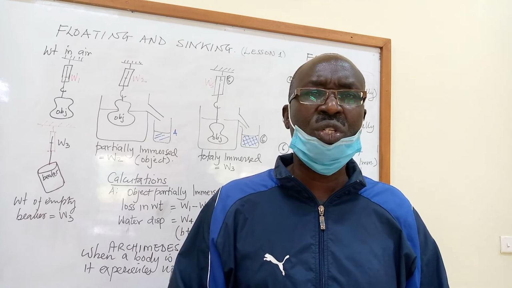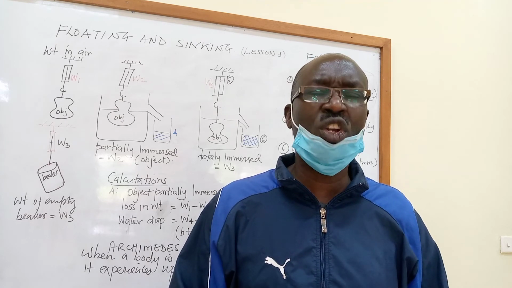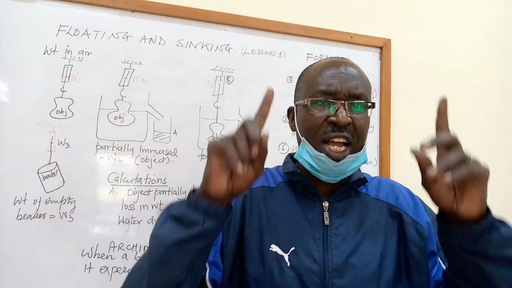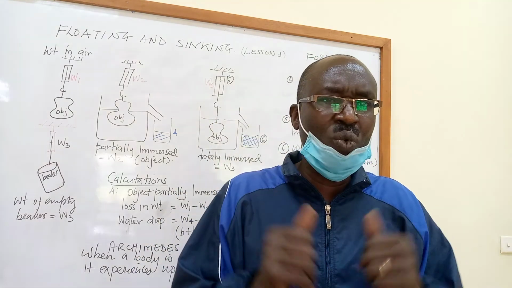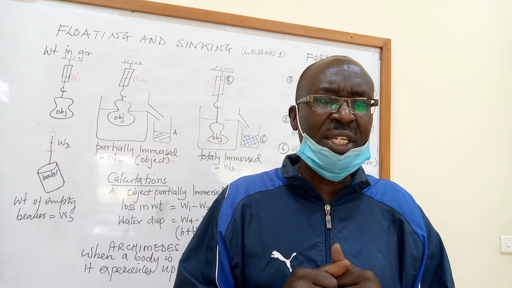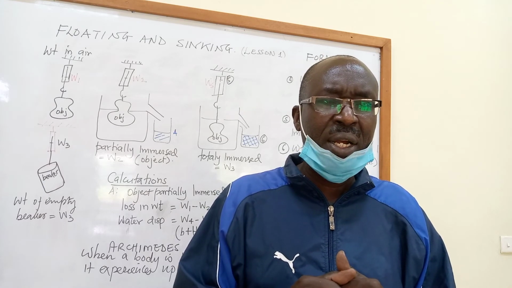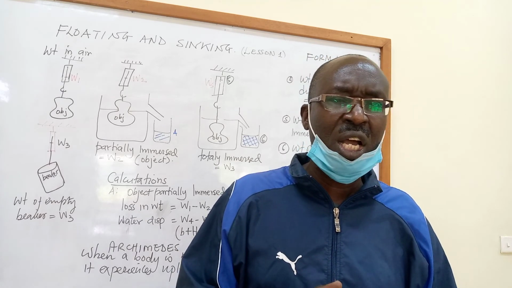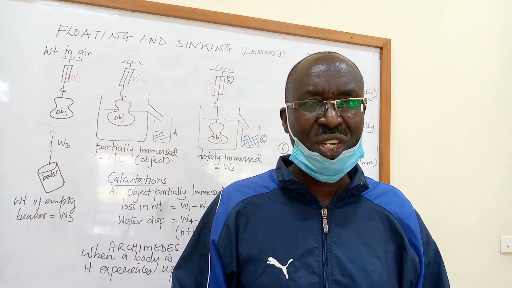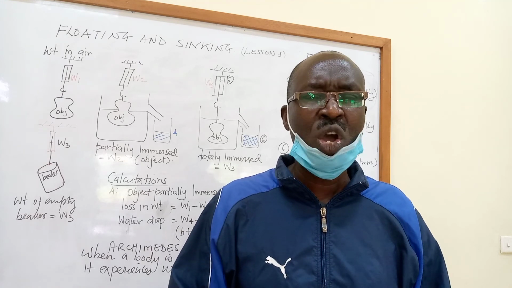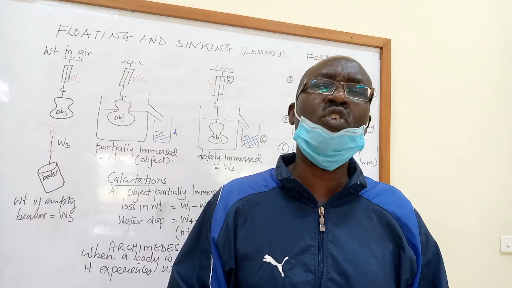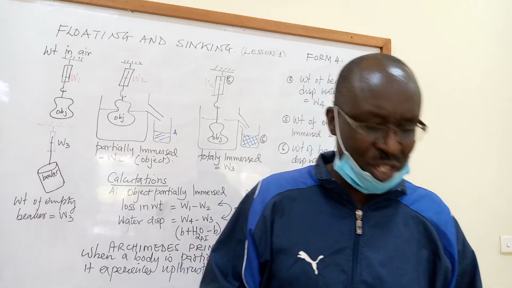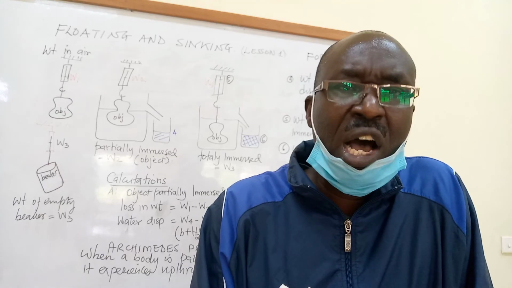From those, you can get the apparent loss in weight. Why is it appearing lighter in water? You get W1 minus the W's when partially immersed and when totally immersed. Then you can compare with the weights of the water displaced. After that, you can conclude there is an upthrust.